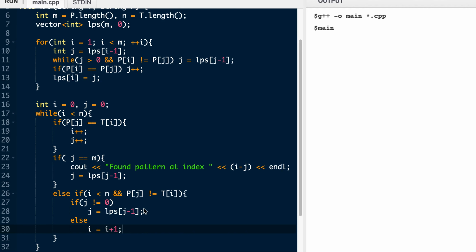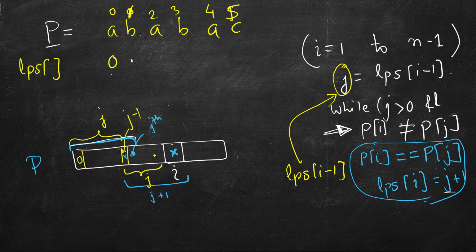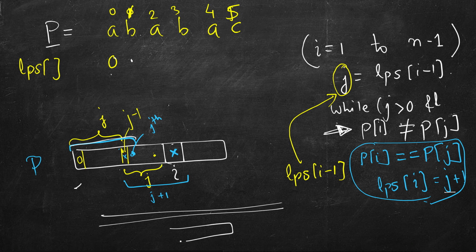So we shift the pattern by this amount, not exactly j but this other amount. So this is the text, this is the pattern, we have seen this. So the LPS was j, meaning this one.